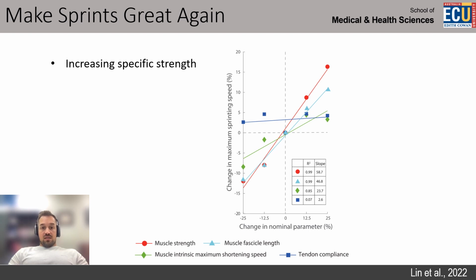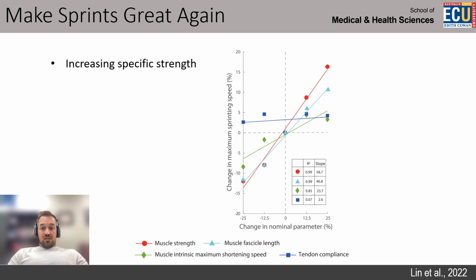Here I want to discuss this simulation study highlighting the effect of increasing specific strength upon sprint velocity. And the authors of this paper looked at what happens when muscle strength, muscle fascicle length, muscle intrinsic maximum shortening speed, so your muscle fiber type 1 to 2 ratio, and tendon compliance is computationally modified in a sprint model.